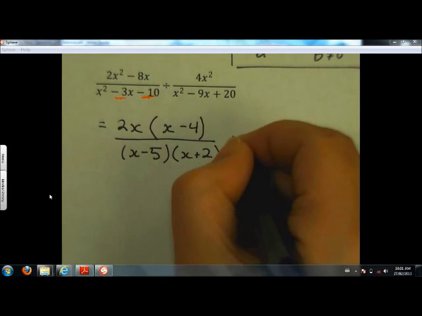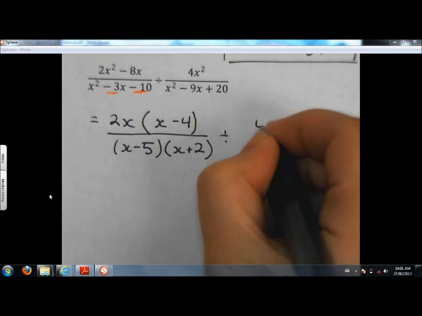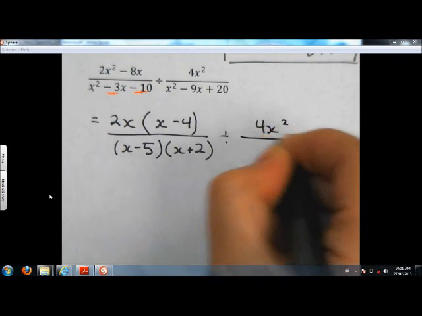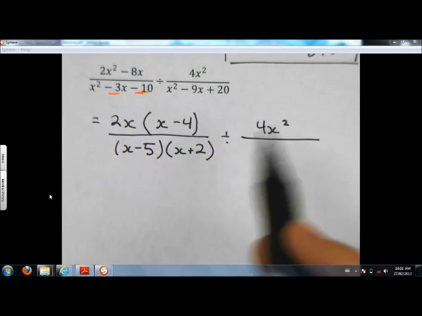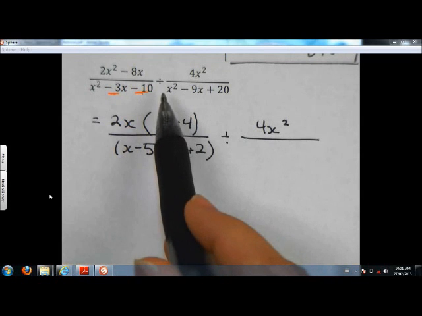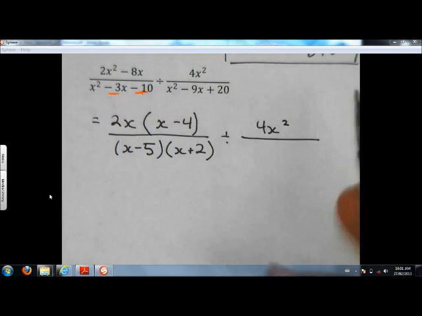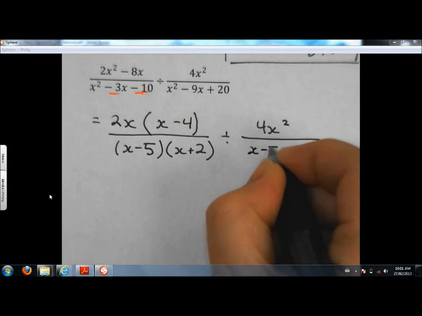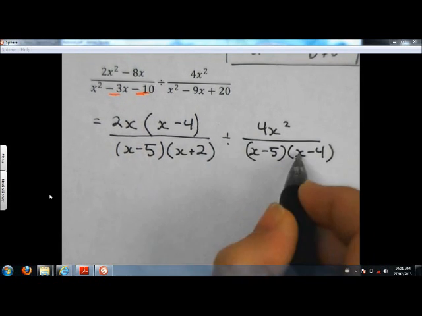I'm going to keep this as a division for now. 4x squared divided by, now I have to factor this. I need two numbers that multiply to 20 and add to negative 9. X minus 5, x minus 4. X squared minus 4x minus 5x, yeah, that's negative 9.